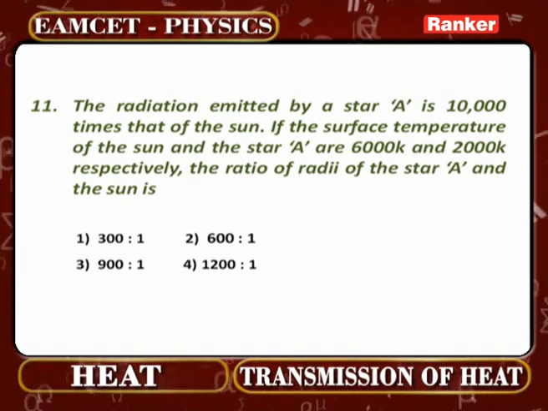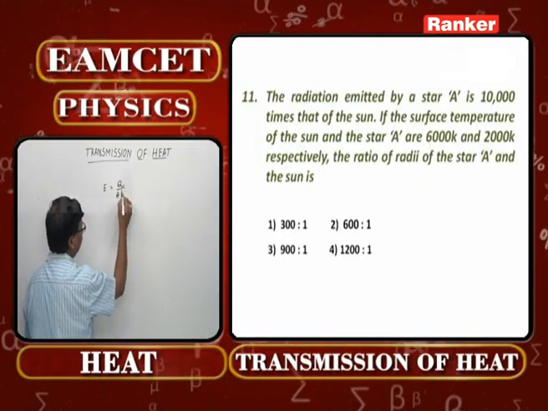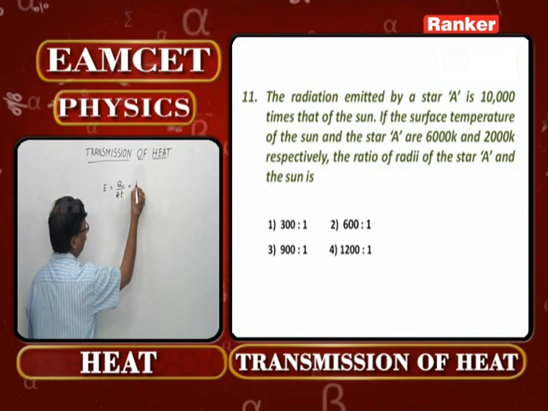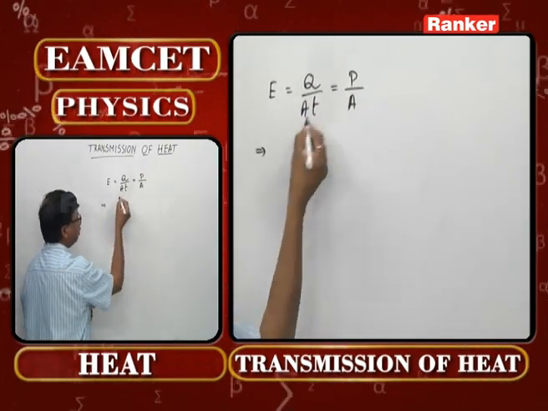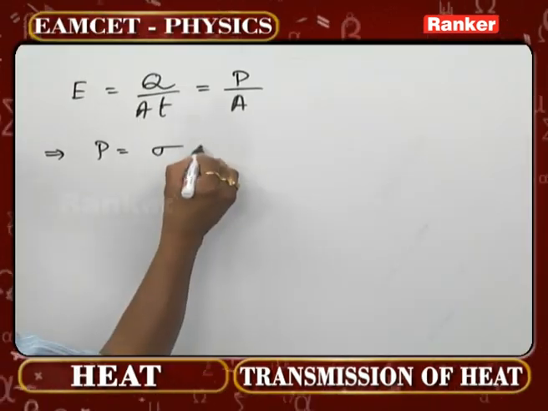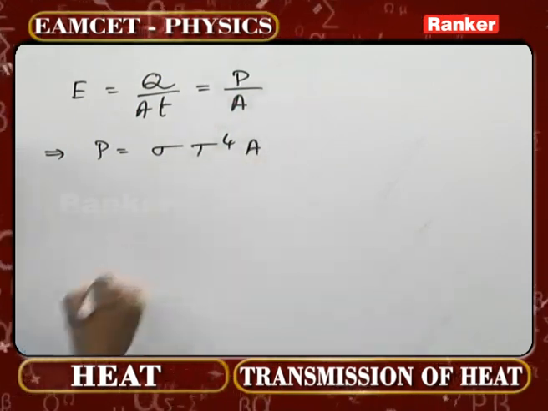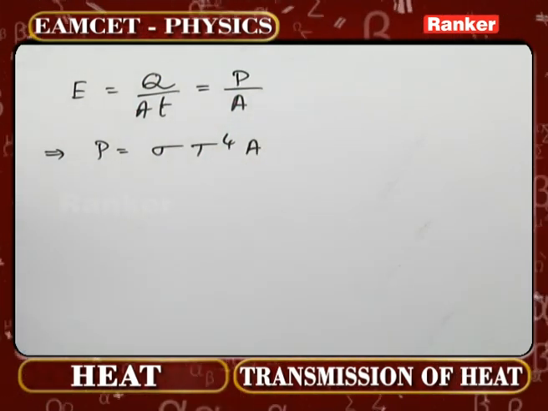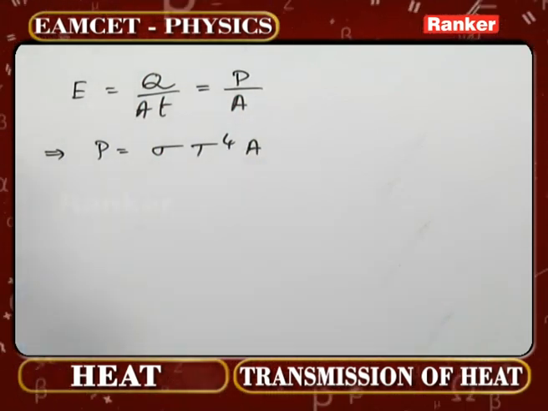So you can understand E is equal to Q by A into T. This, in other words, is power by area of cross section. So what is this power? Power is equal to sigma T power 4 into the value of A. But what are the values he has given you? And he has not mentioned any emissivity there.